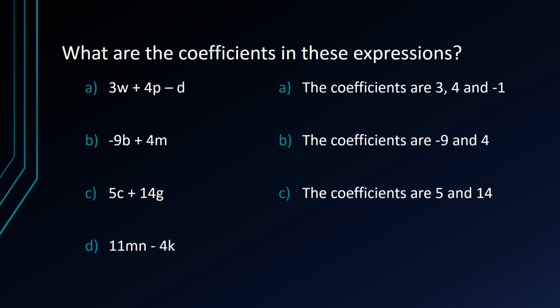In expression C, we've got 5c plus 14g, and the coefficients here are 5 and 14. And finally, 11mn minus 4k. The coefficients here are 11 and negative 4.